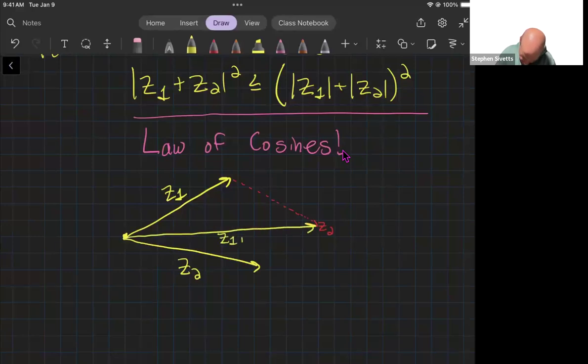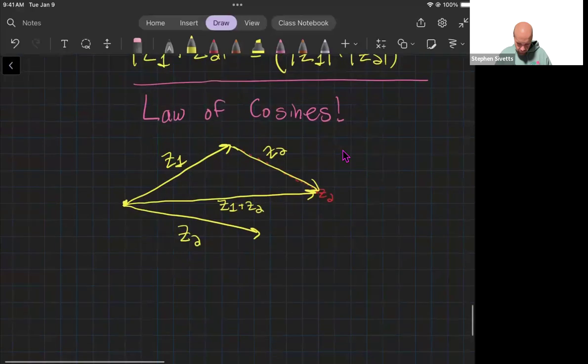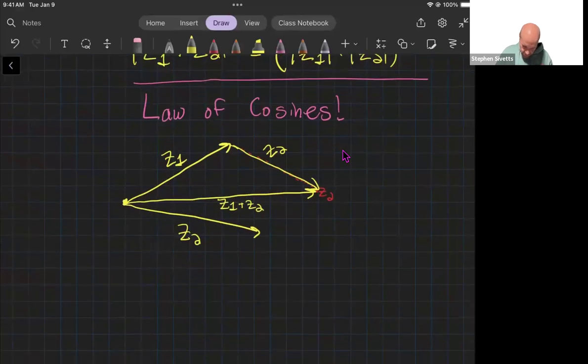Okay, so that's the vector Z1 plus Z2. And then this here would be Z2. It's right here, that's Z2. And then we're going to use this triangle that's illustrated here to show the triangle inequality.